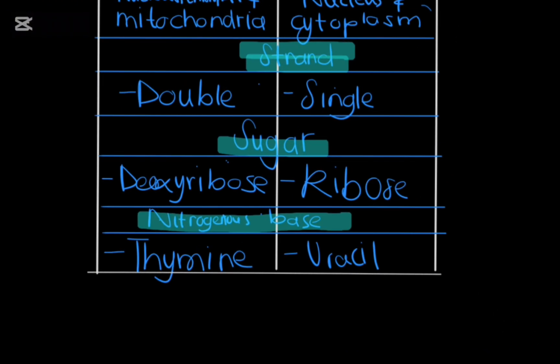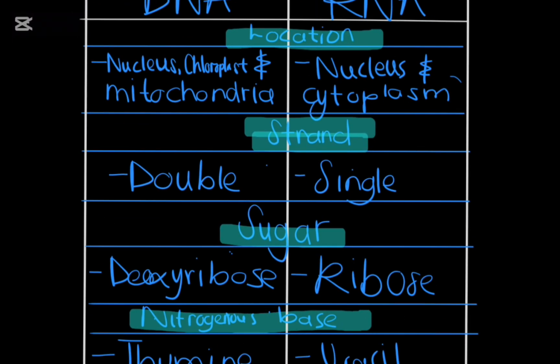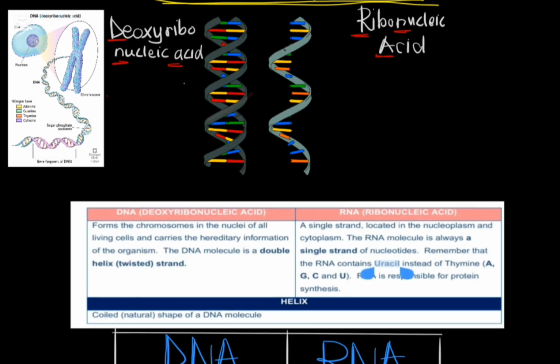Moving on to the strands. DNA has a double strand, as you saw in the above picture, and then RNA has a single strand. Strand 1 and then strand 2. Here we only have one strand that goes like this, whereas here we have 2 strands, and then the second one is this one.